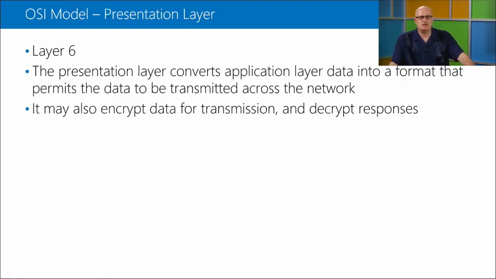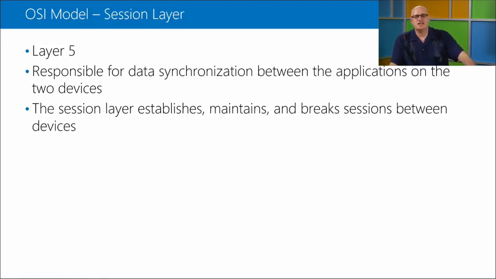The presentation layer, layer 6, converts application layer data into a format that permits the data to be transmitted across the network. At this level, there may be a bit of encryption of the data for transmission and decryption of responses. Again, if you want to know more information about the OSI model, please look up the OSI model in the Networking Fundamentals course.